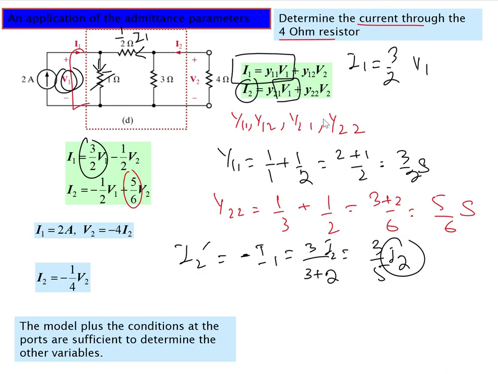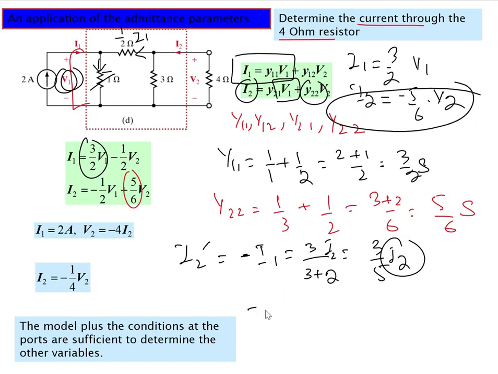For V2 or for I2, we have I2 equal to y22, which is minus 5 by 6, into V2. So we can replace it with this equation.